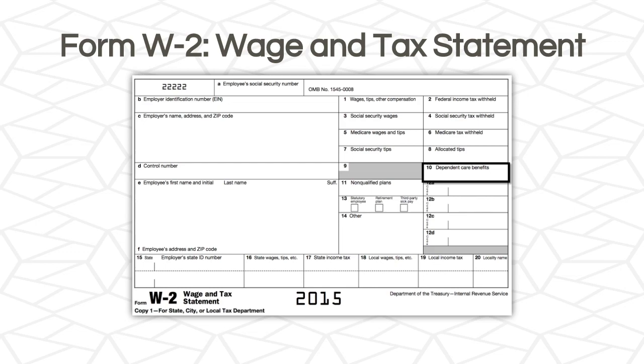So this is if an employer is providing dependent care. Box 12 is for unique codes. Box 13 is for certain check boxes. And then box 14 is for our non-standard codes. Down towards the bottom, we have boxes 16 and 17 for state wages and state withholding. And then boxes 18 through 20 for local wages and local withholding.